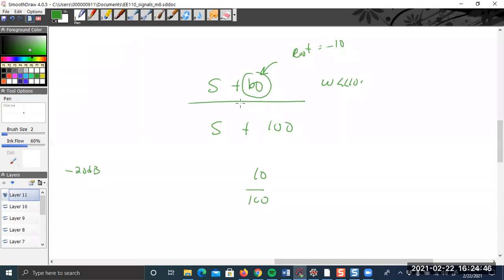Now then, what if I'm greater than 10 but less than 100, right? And then what if I'm much greater than 100? Right. So if omega is bigger than 100, well, then it's bigger than 10, and it's going to be S divided by S. And so it's going to be 0 dB, right?